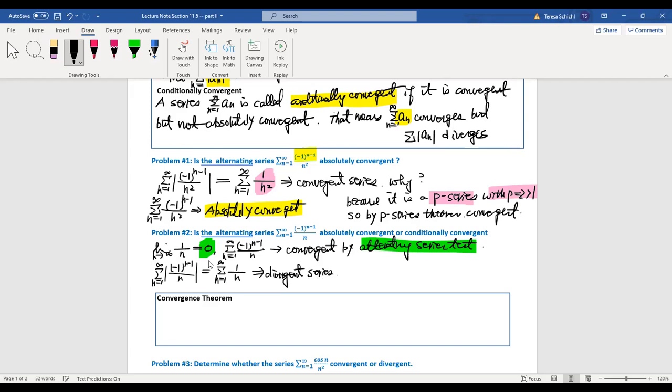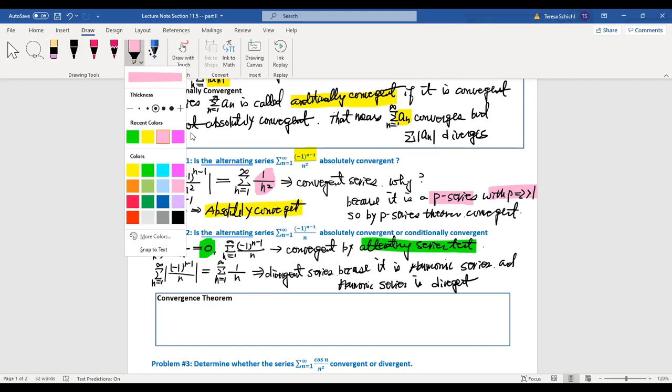Why? Because it is a harmonic series, and the harmonic series is divergent.